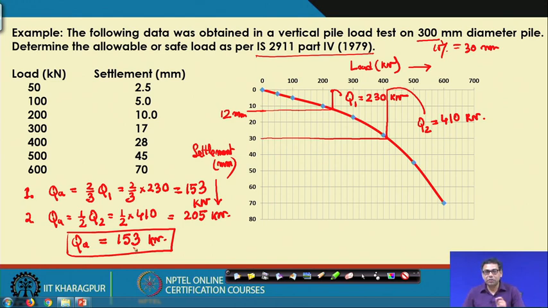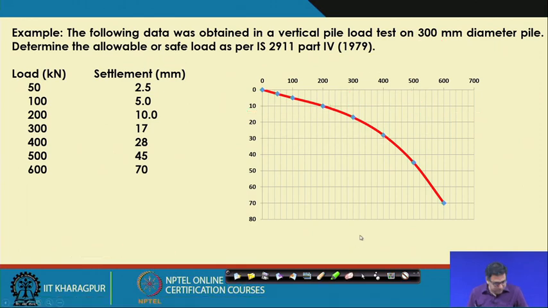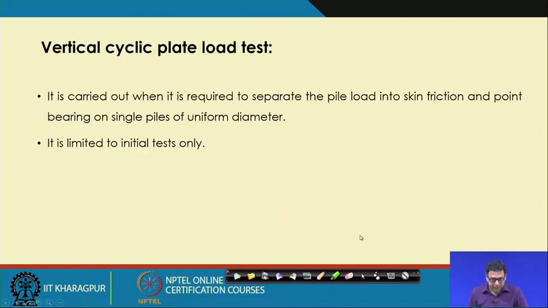If I want to know them separately, then I have to take the help of the cyclic pile load test data. In the next part I will discuss how to use it to get the friction and the tip resistance separately.